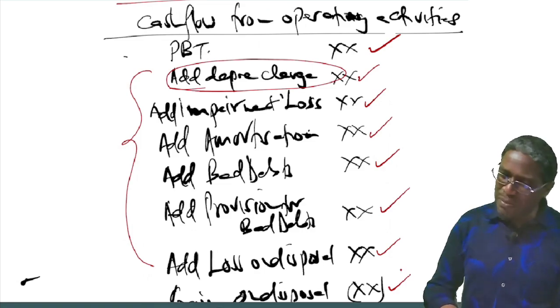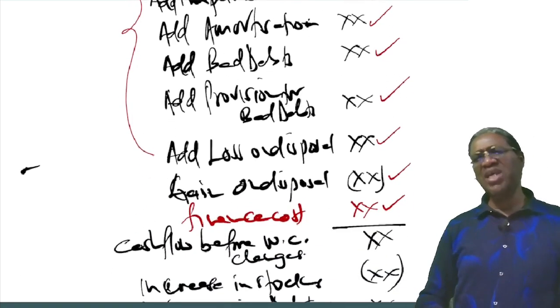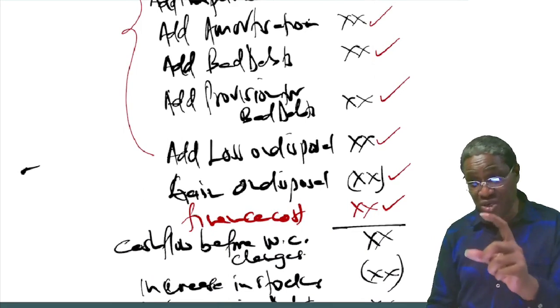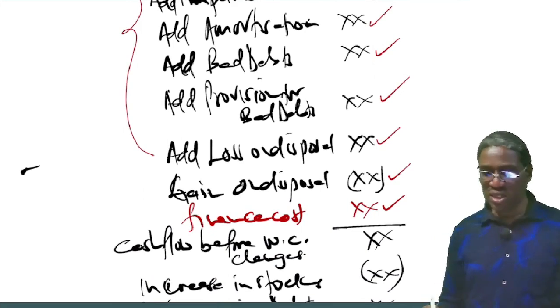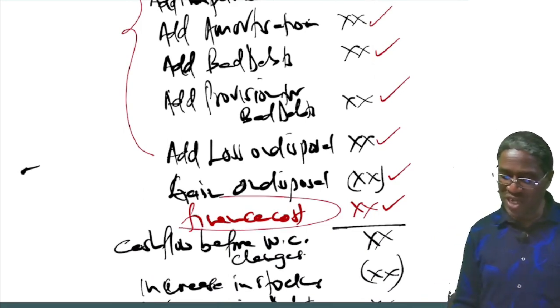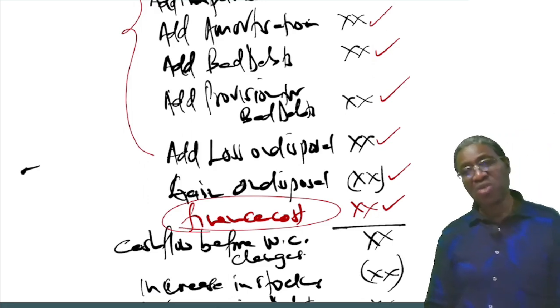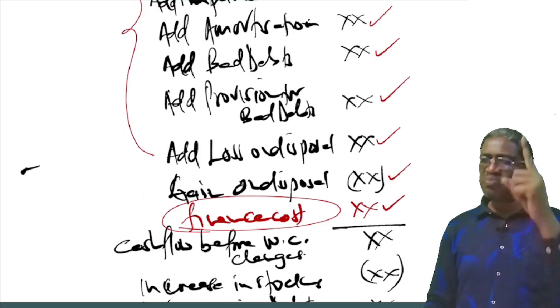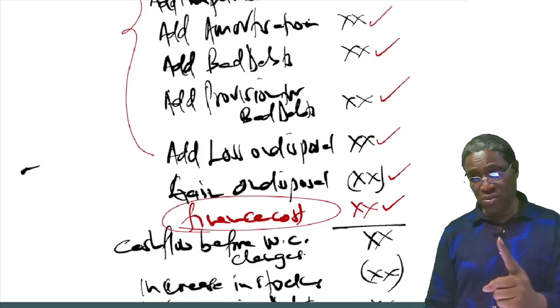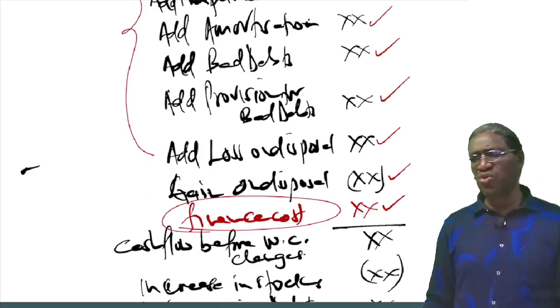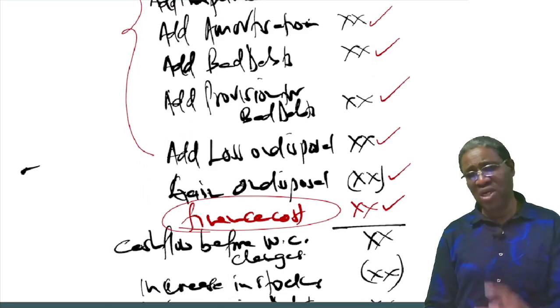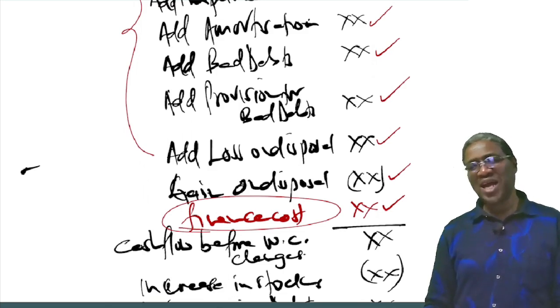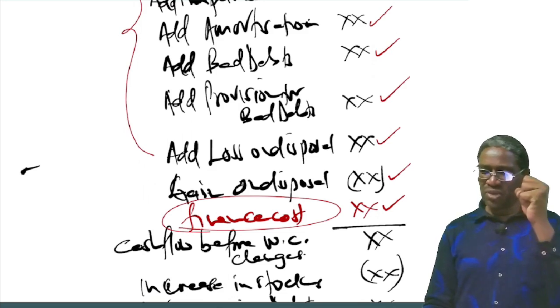The second must-find item in any question you will ever do or you have ever done is what we were calling the finance cost. Those 2, we said you have to remember. They will always be there in any question. And as far as finance cost is concerned, if you remember, I told you that is something you pick from the income statement.